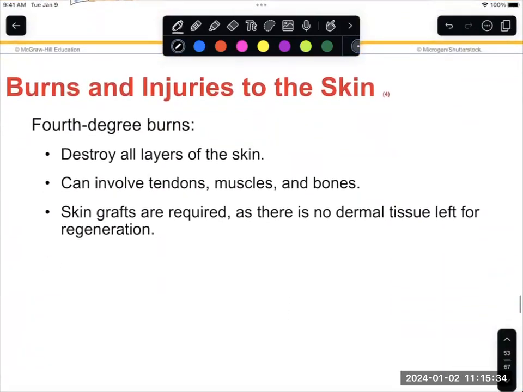And then we have a fourth-degree burn. Fourth-degree burns are going to destroy all the layers of the skin. It's usually going to involve tendons, muscles, and sometimes even the bones. A fourth-degree burn can be from an exposure to high voltage electricity.